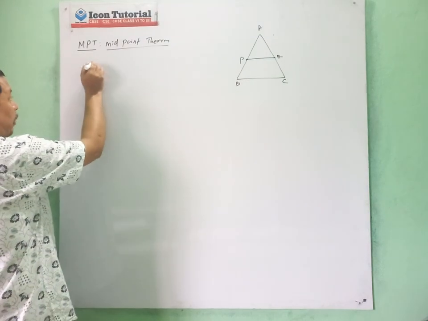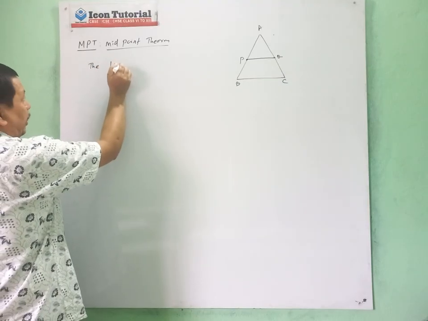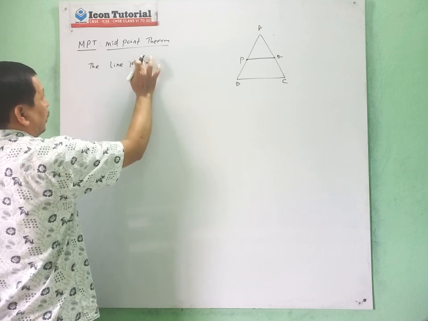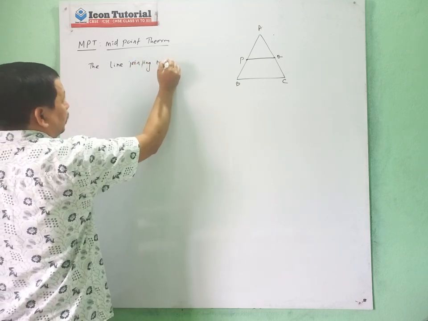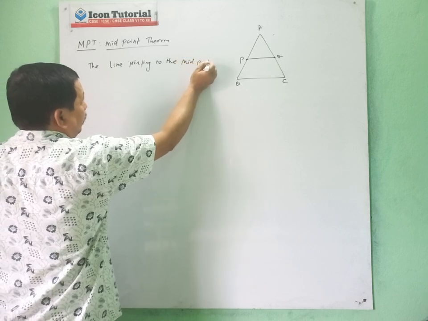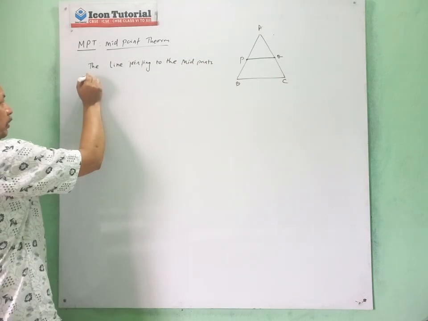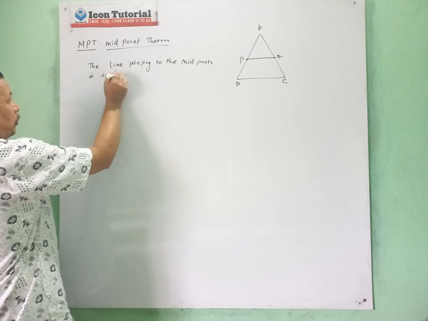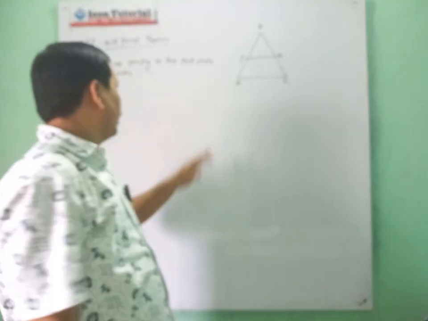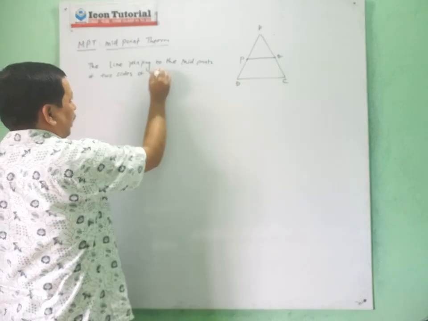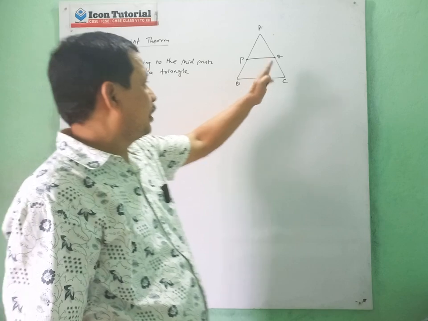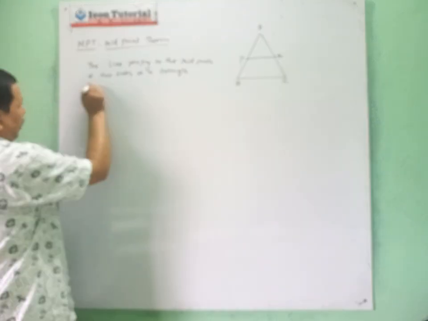The line joining the midpoints of the two sides of a triangle is parallel to the third side and half of it.